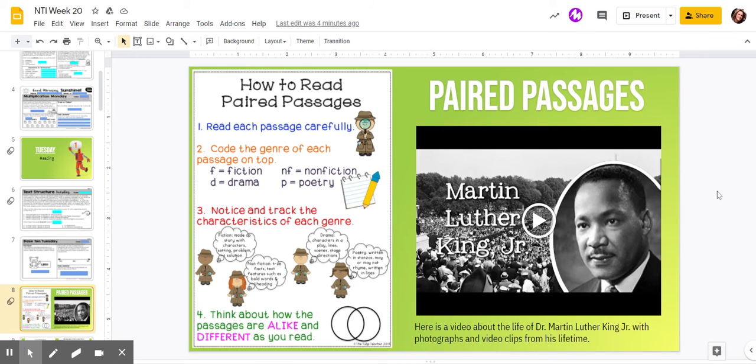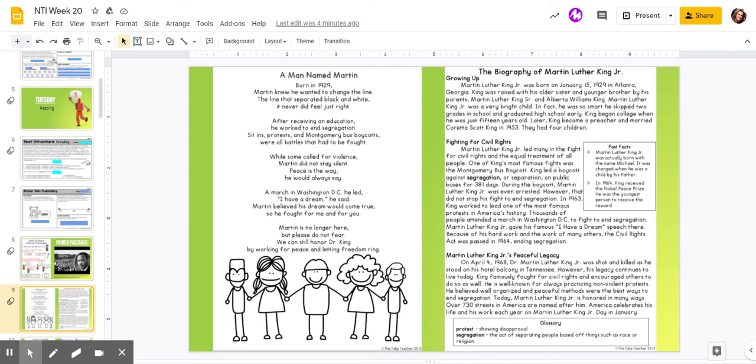It's really powerful to hear his voice. Okay, so on the next slide, you have those paired passages. A Man Named Martin is the poem, and the biography of Martin Luther King Jr. is the nonfiction text. So you're going to read both of them, and you're going to think to yourself, what is the same about these two?